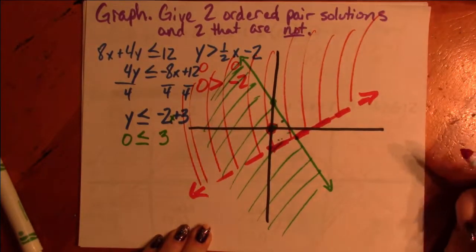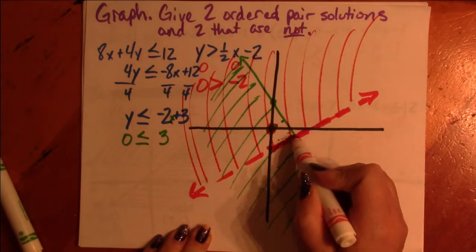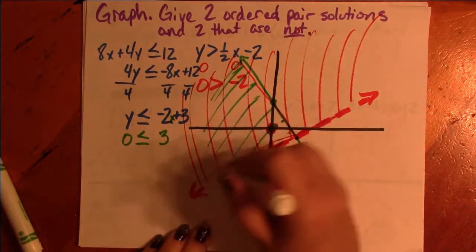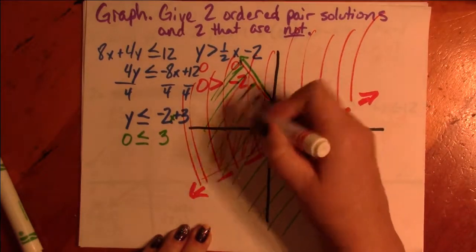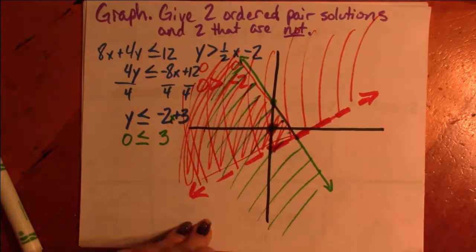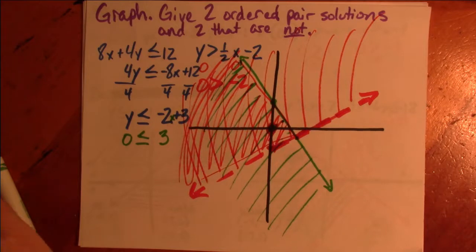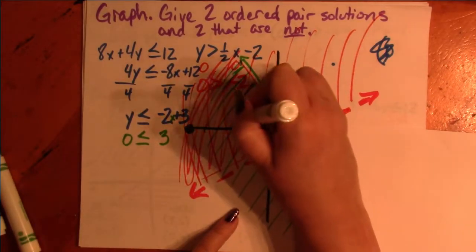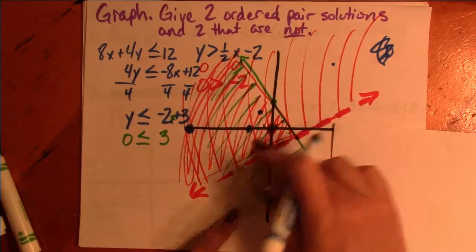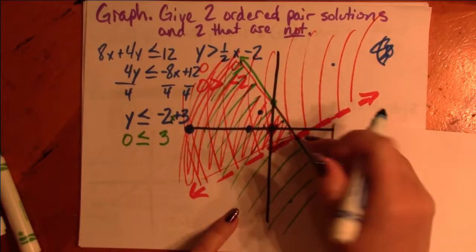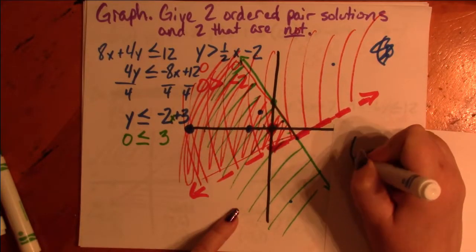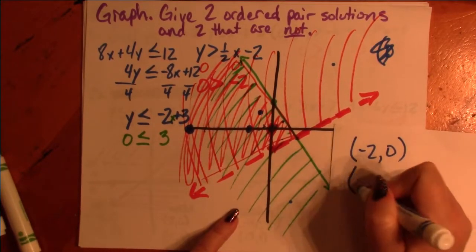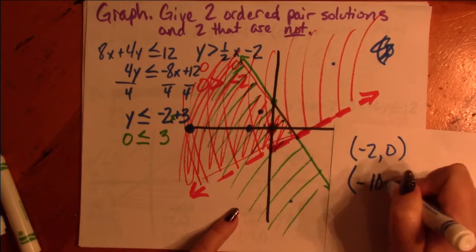Now, that means that where these two intersect, this area right here, this is the solution to our inequality. So I'm going to name 2 ordered pairs that are in here. So we could pick some spots where both areas overlap in this region. So we can pick, let's say, negative 2, 0, and something big like negative 10, 0.